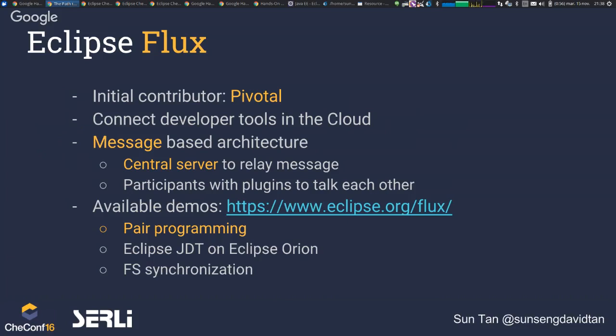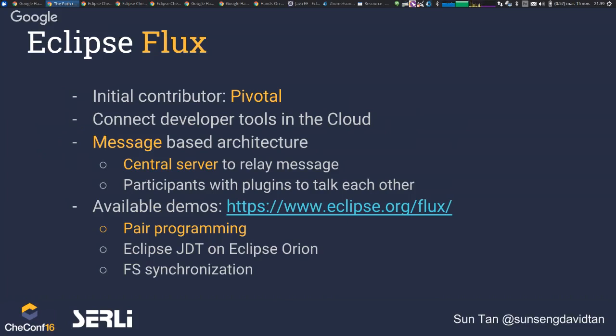We have a central server that will relay all the messages to all the different participants, so the tools talk to each other. With this architecture, we have some use cases that have been implemented, such as the pair programming. So this is what I'm going to show you.